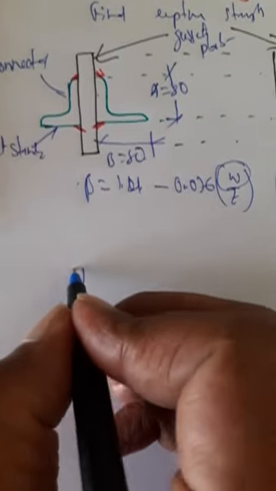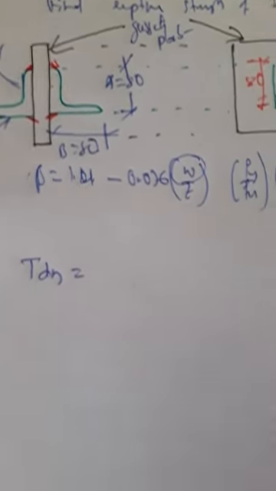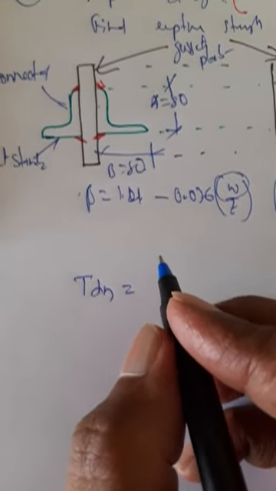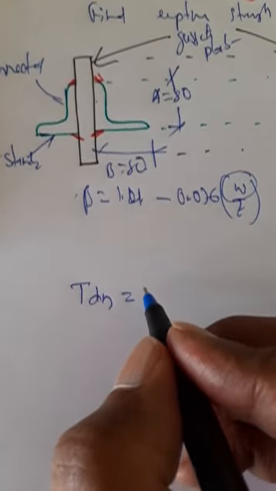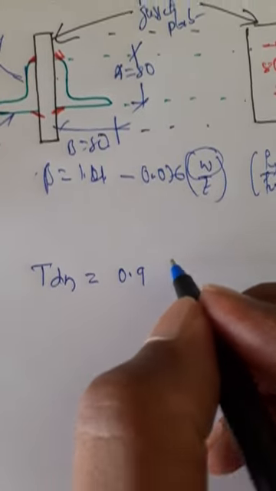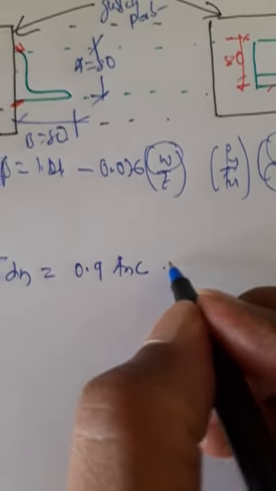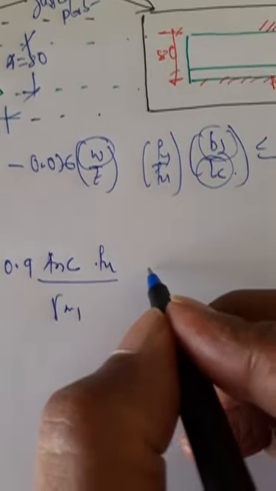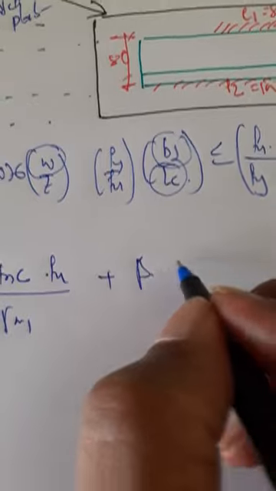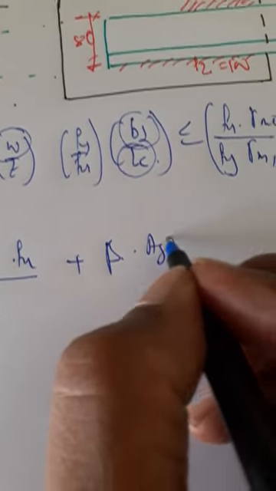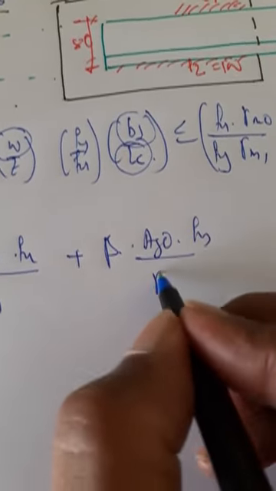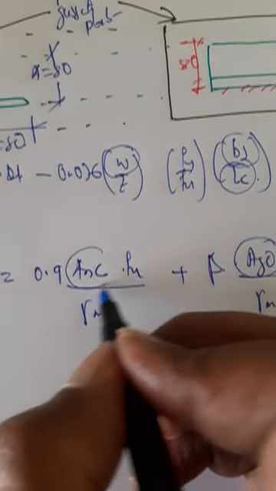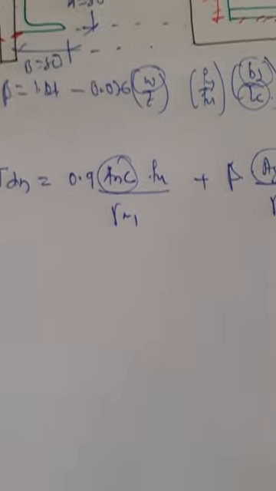So Tdn is equal to 0.9 Anc Fu by gamma m1 plus beta Ago Fy by gamma m0. So here I need to calculate Ago and Anc. So we'll start with those terms first.